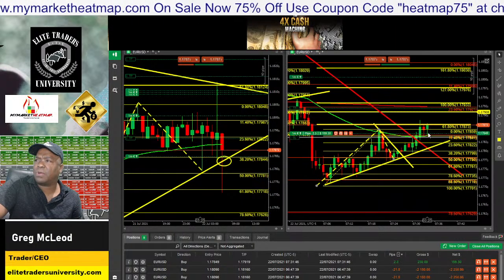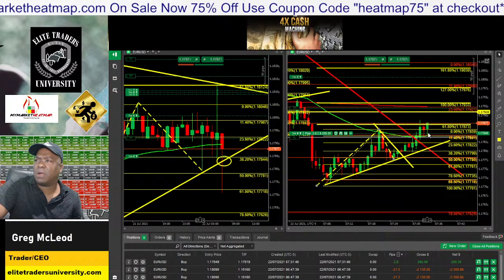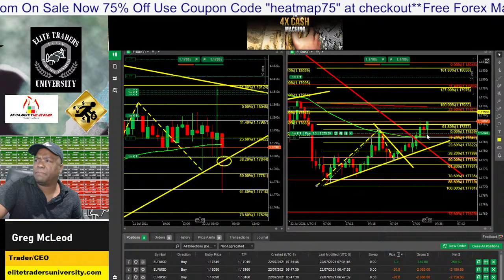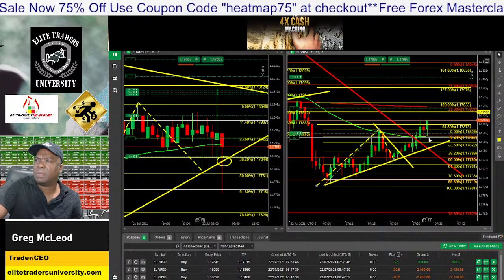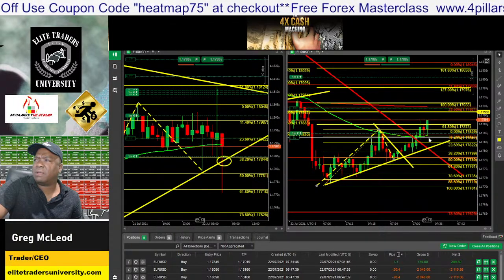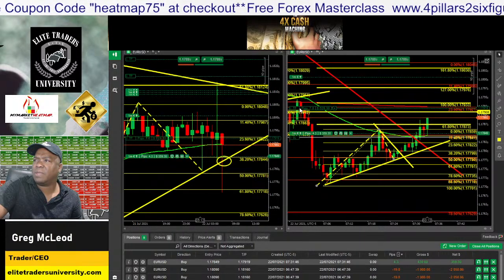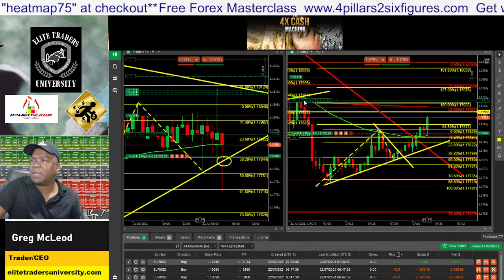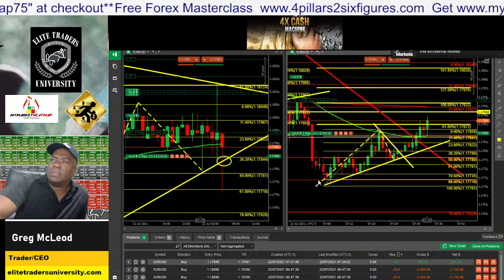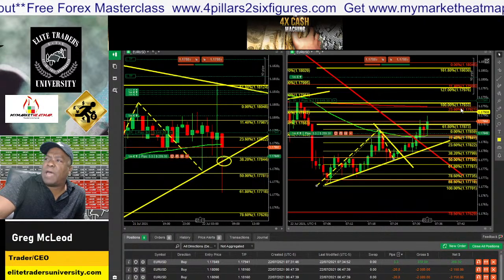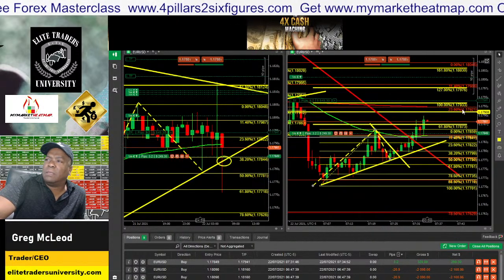Here's our 1 minute chart, breaking out some. And we have a 100% expansion target. We can get about 10 pips out of that, right? One spot 1793.